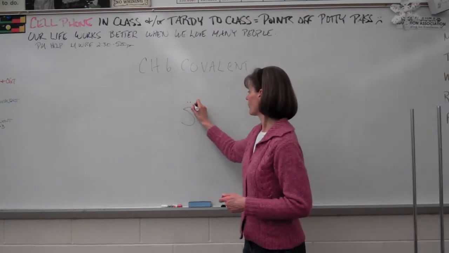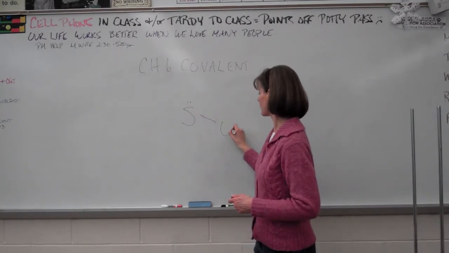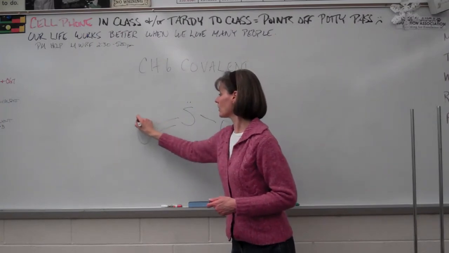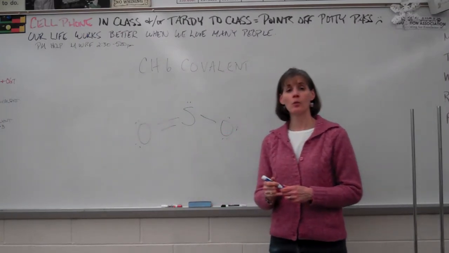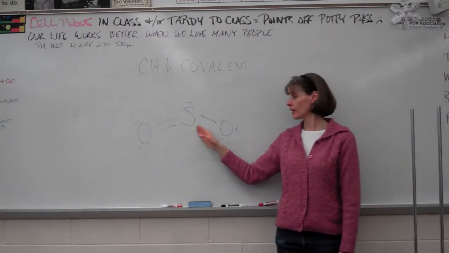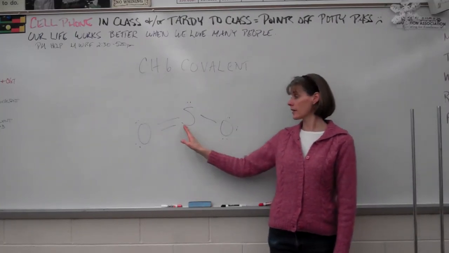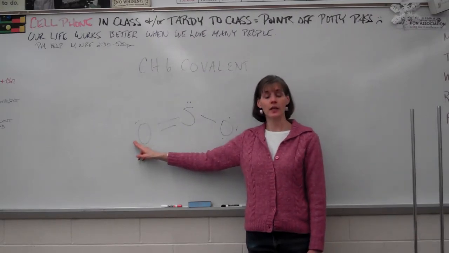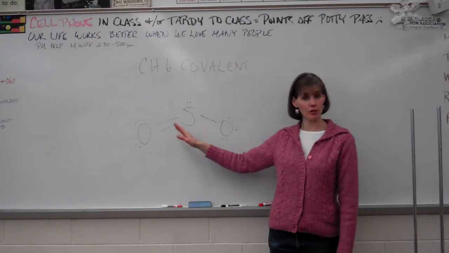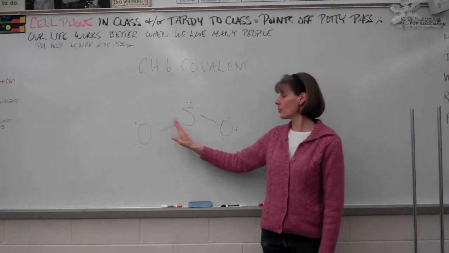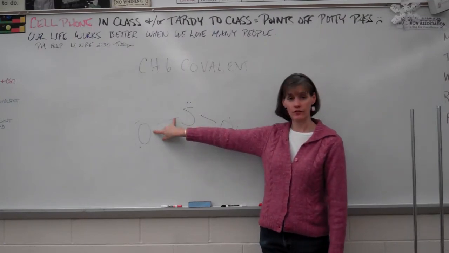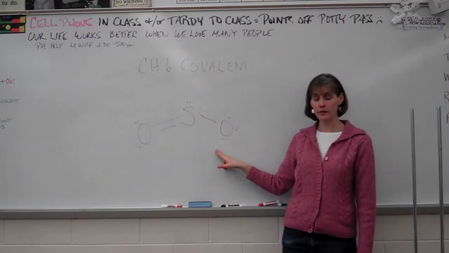Sulfur with 6 valence electrons can singly bond to one oxygen atom and doubly bond to another. But it is quite likely that that double bond is between the sulfur and this other oxygen instead of the sulfur and this oxygen. And actually we know from measurements of bond energy and bond length and a whole bunch of other stuff that the double bond oscillates, jumps back and forth between the sulfur and this oxygen and the sulfur and this oxygen.